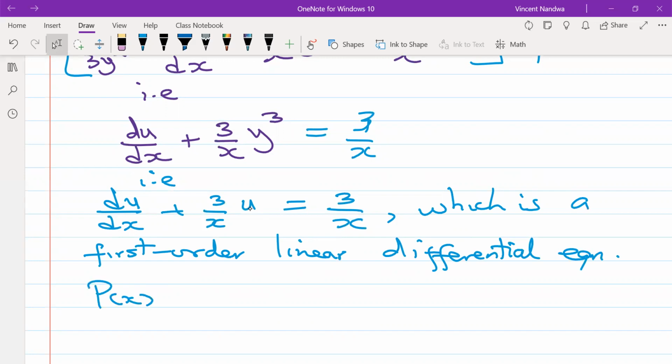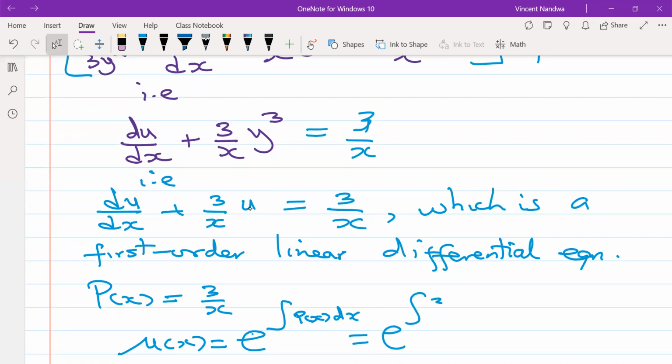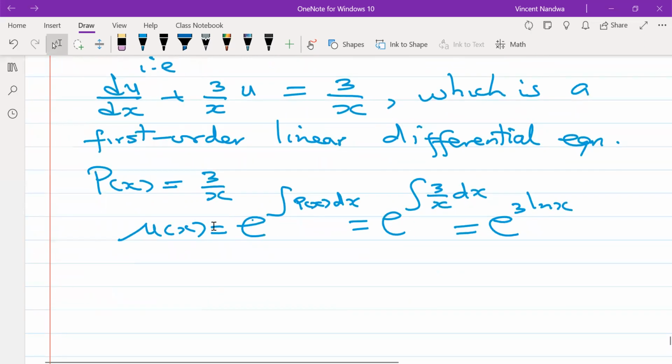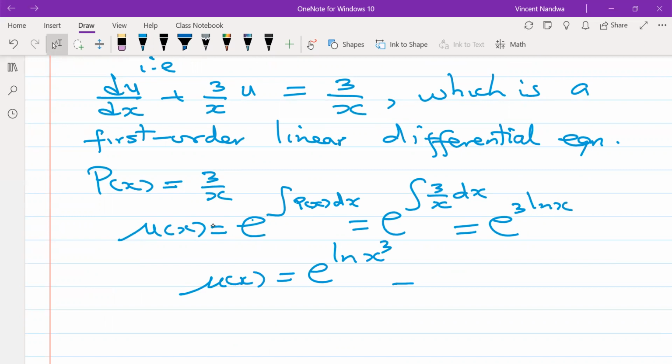P of x is 3 over x. So mu, the integrating factor is usually e raised by the integral of p of x dx, which should be e raised by the integral of 3 over x dx, which is e raised power, when you integrate this, 3 ln of x, which will give us e power ln of x power 3 using laws of logarithms, which is x power 3.